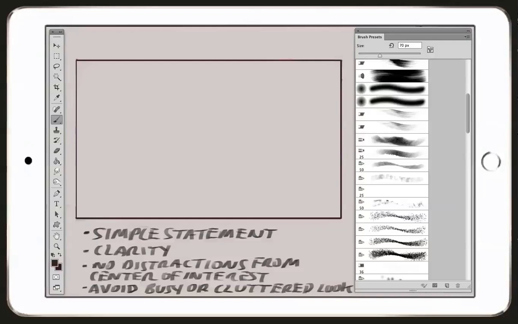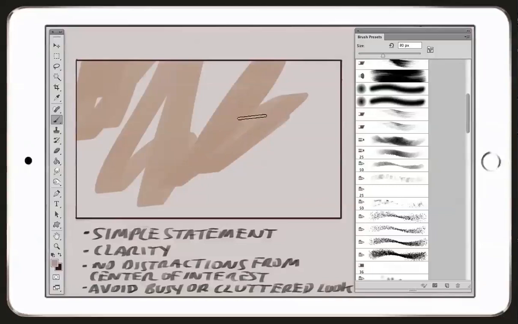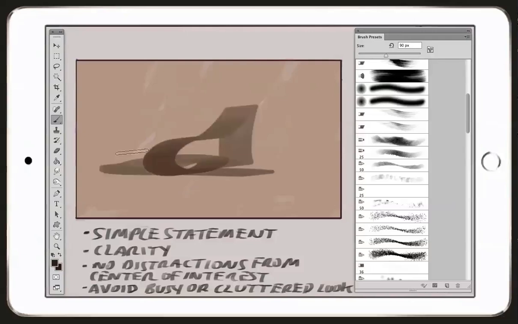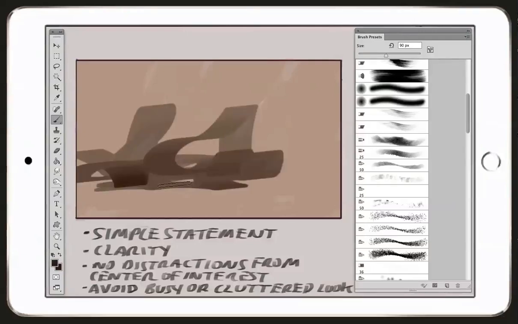But usually it's a good idea to keep the background color more grayed, like that. And now I can add a darker value like that. And then an accent color like that.